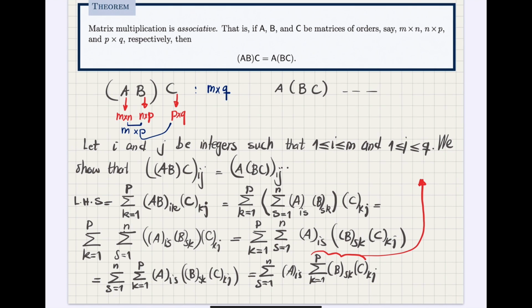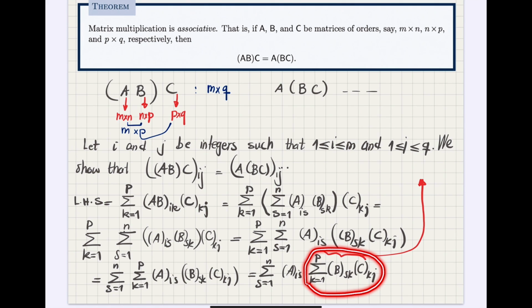No clue? Pardon? I couldn't hear you. I'm not moving anything. I'm just saying, what can I write instead of this combination?